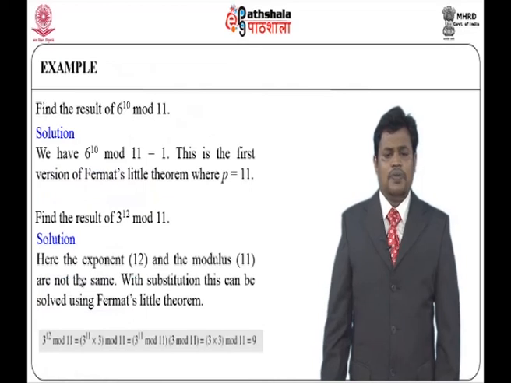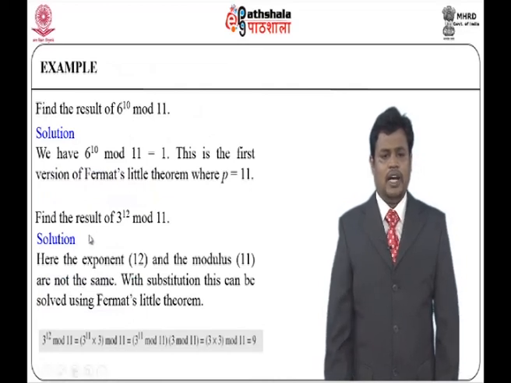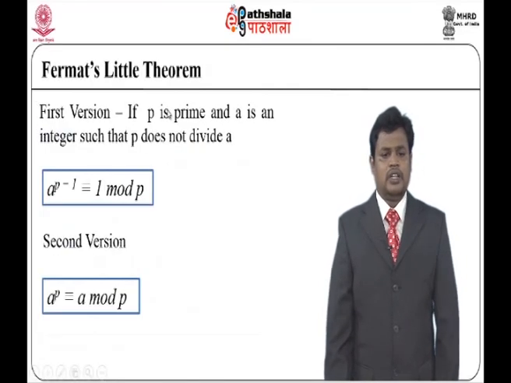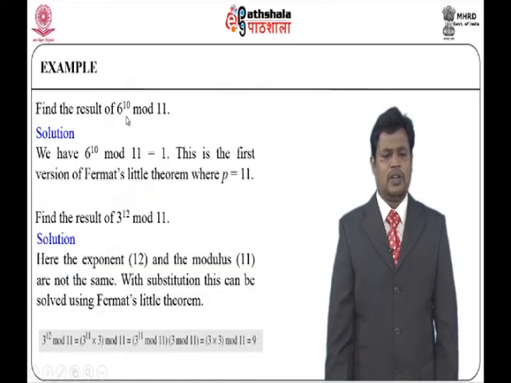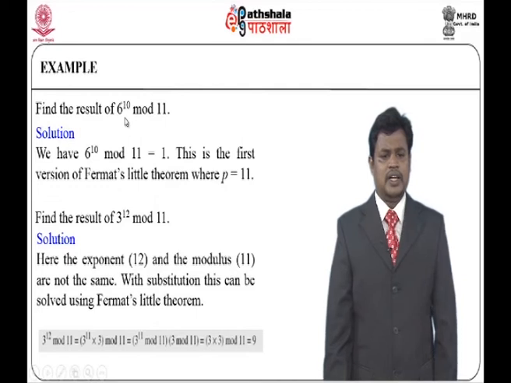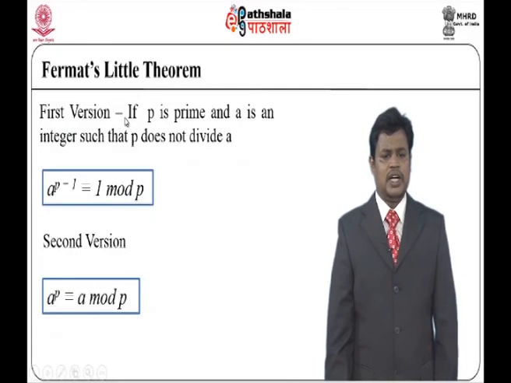Find the result of 6 power 10 mod 11. According to the Fermat theorem, p is prime and a is an integer, and p does not divide a. So we will see which version is suitable for this example. Here p is 11, that is a prime number, good. Then a is 6. The condition says p does not divide a.